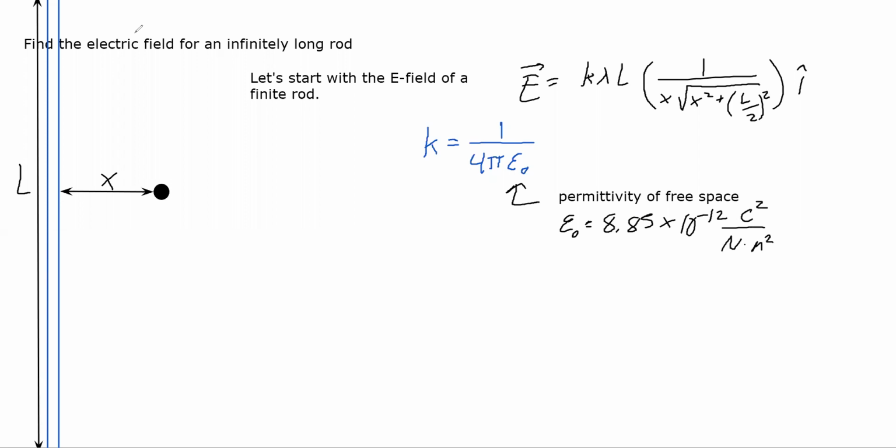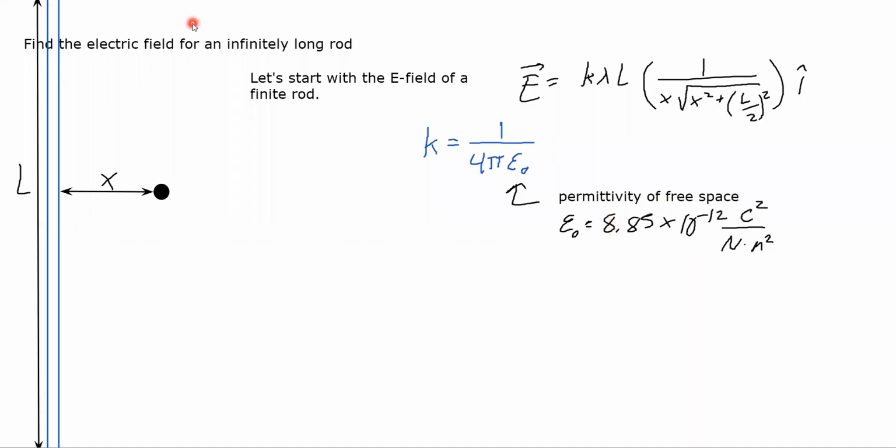I believe that's correct. Now epsilon 0 does change if we're not talking about free space. If we're talking about charge inside water, or an insulator, epsilon 0 is going to be a different value. But for free space, for vacuum, we use this number.